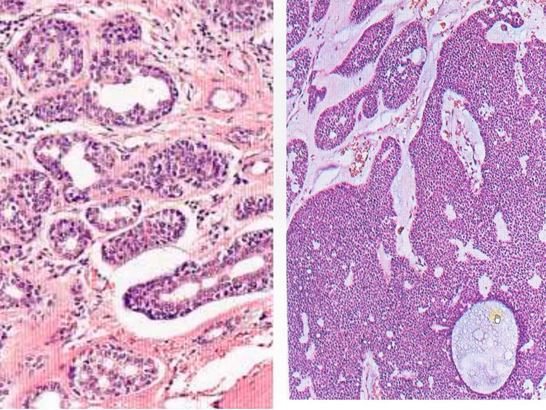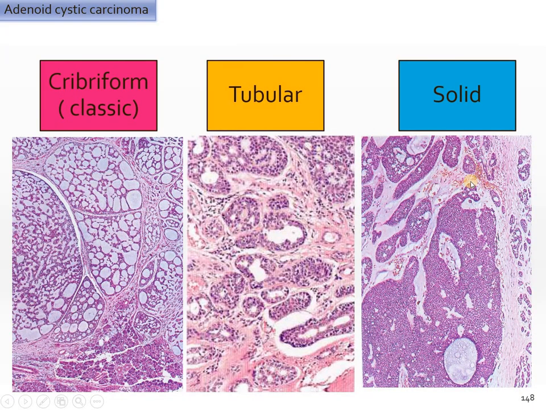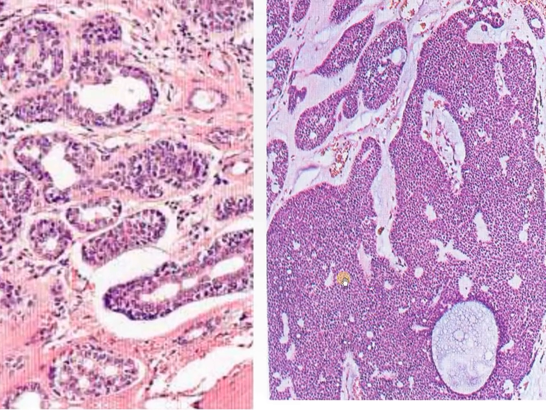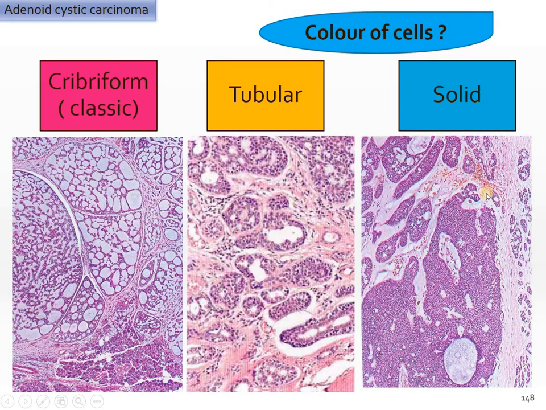Although there is a large cystic space here, predominantly the area is solid in nature. I would like you to look at the color of these particular cells. These cells are hypochromatic, and you can see that very little eosinophilic matter is seen all around. This shows that these cells are predominantly basaloid, and they are richer in nuclear content than cytoplasmic content.